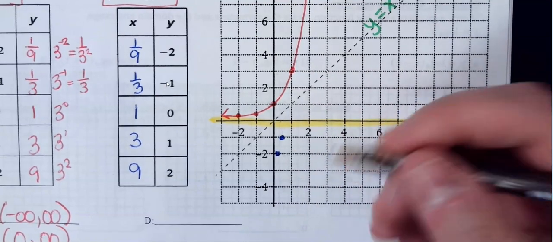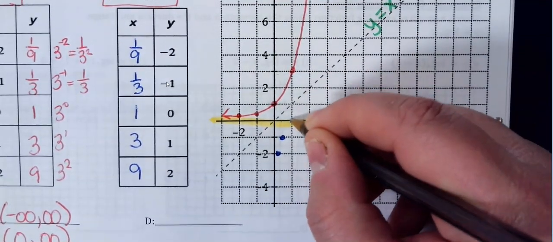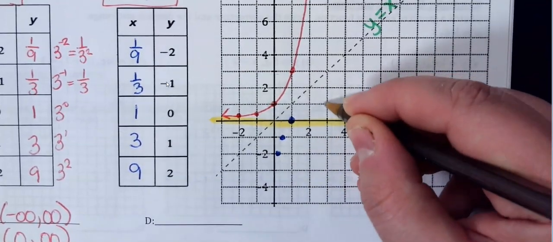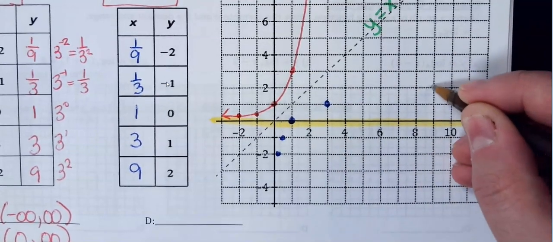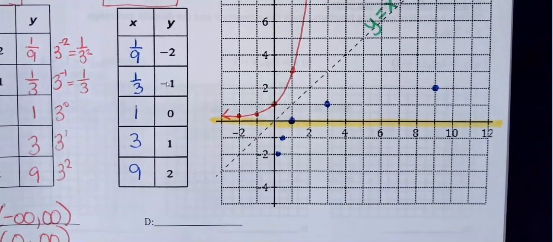And then every log function that's not shifted has the point (1, 0), so that'll be a nice point. Over 3 up 1, that's a nice point. And then over 9 up 2, that's also a nice point. So just the ones really close to the x-axis are kind of rough to graph because they're fractions and you just kind of have to estimate.